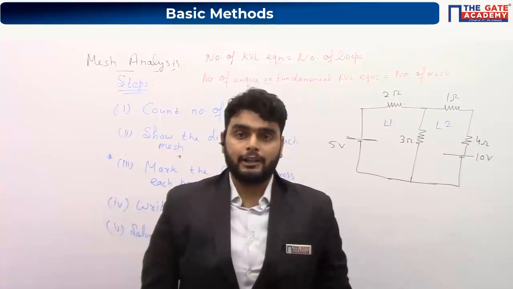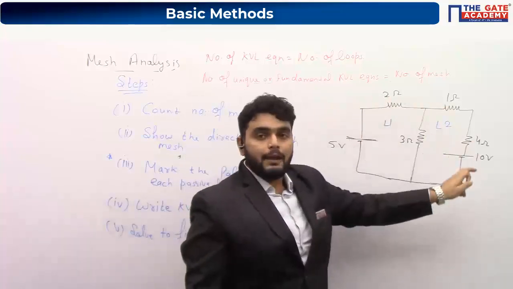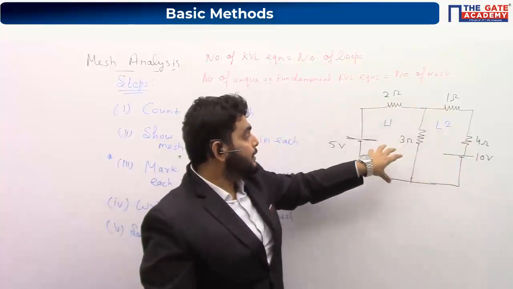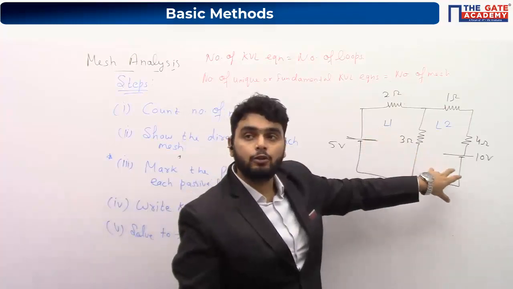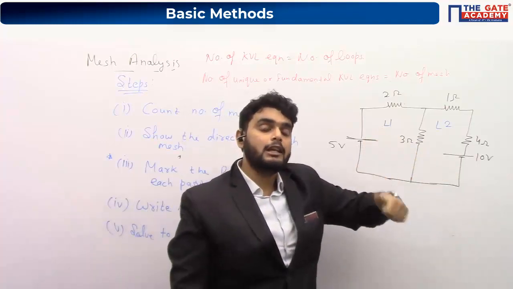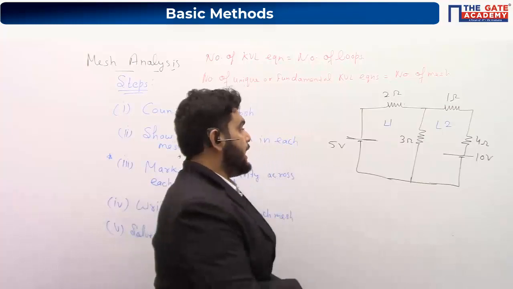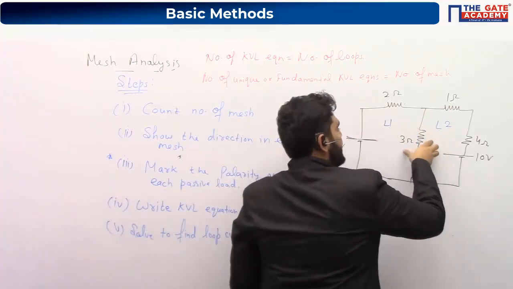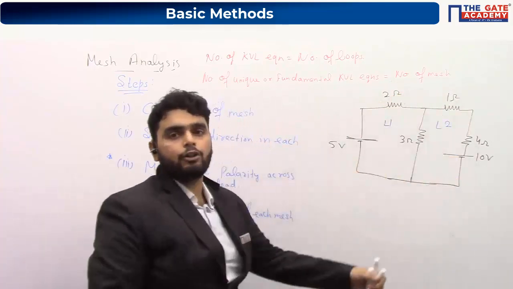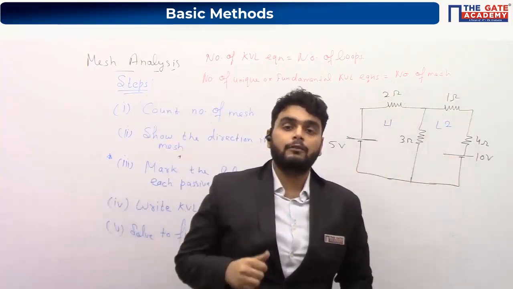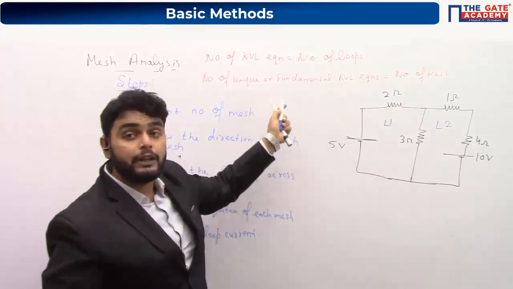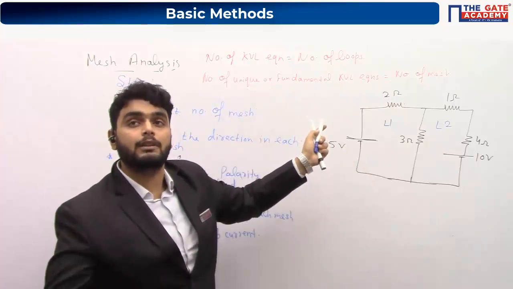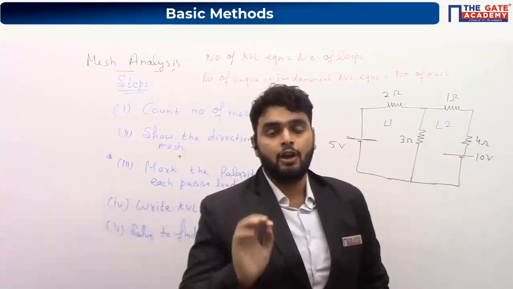But the outer loop is actually made up of a combination of the first loop and second loop. Similarly, when you write the equation of the outer loop, you will see that if we add this KVL equation plus this KVL equation, then you get the KVL equation of the outer loop. That's why when we ask the number of unique or fundamental KVL equations possible, it is equal to the number of meshes. Always remember this.